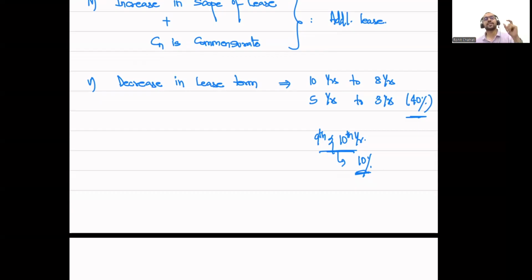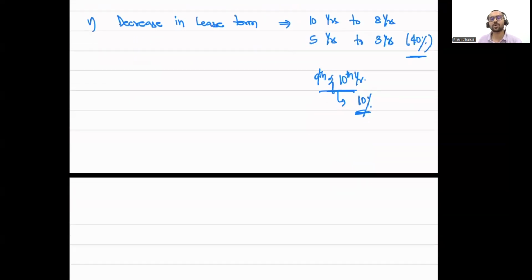We then compared the carrying amount of the lease liability after derecognition with this revised lease liability, and then gave a corresponding adjustment to the ROU asset.